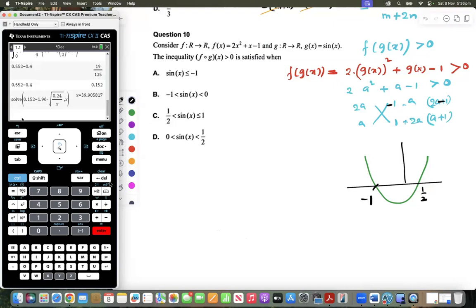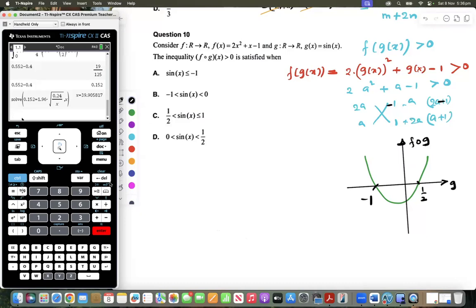So then your graph goes like this, right? Okay, good. So this axis is your f circle g axis, whereas this axis is your g axis. Yes, correct. Those are the two axes that you're having.